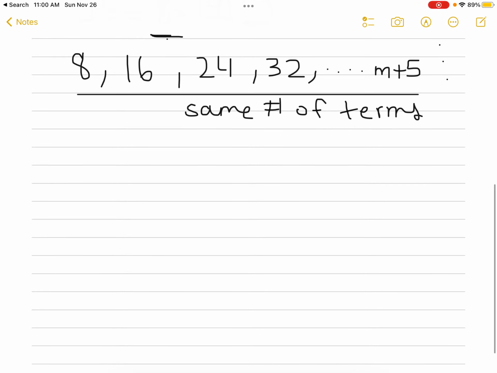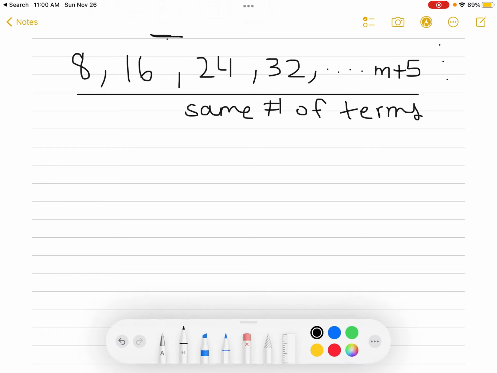And now I think the next step is pretty logical. We'll divide each term by 8 because they're all multiples of 8. m plus 5 is also a multiple of 8 because m plus 8 is 3 more than a multiple of 8, like we examined above. So m plus 5 divided by 8 will be an integer, no matter what.